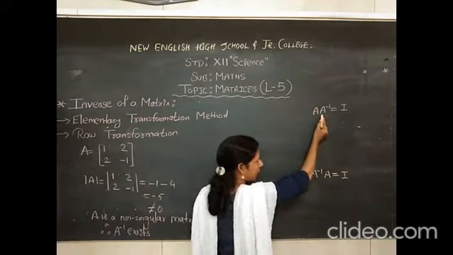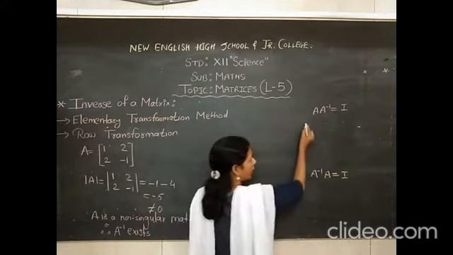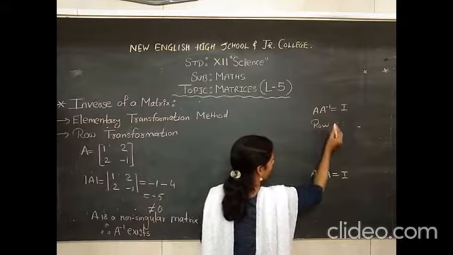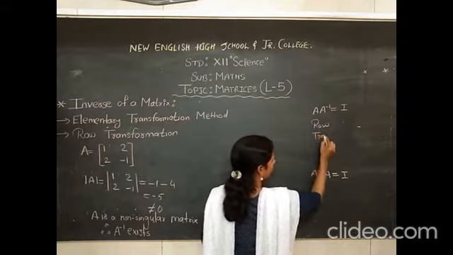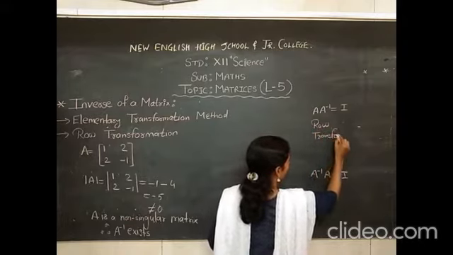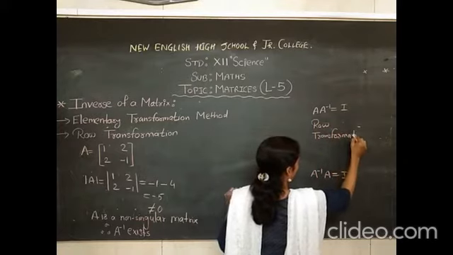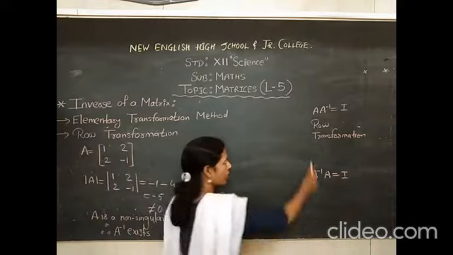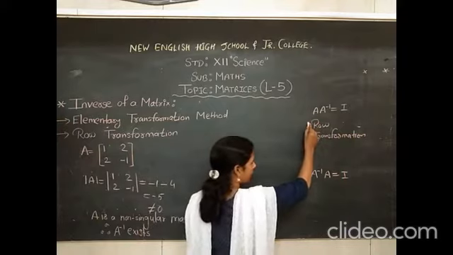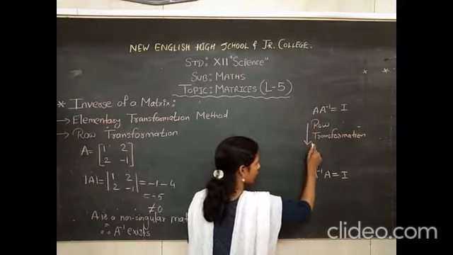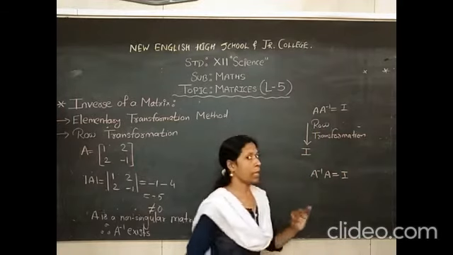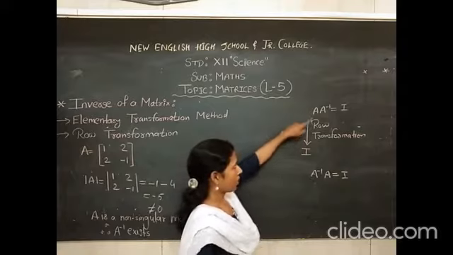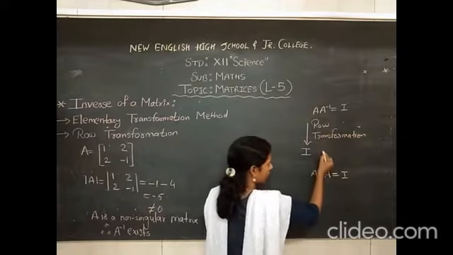When I write A into A inverse equals I and apply row transformation, after applying it I will convert this matrix A into I. This is my target. And this A inverse we will write as it is.